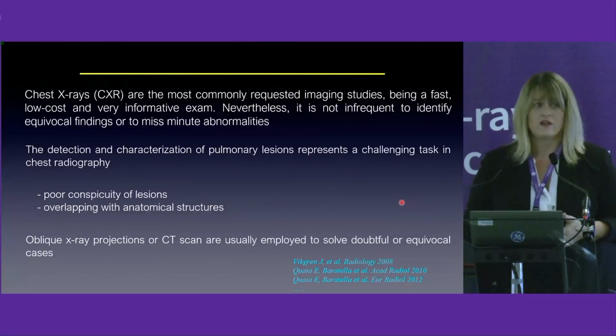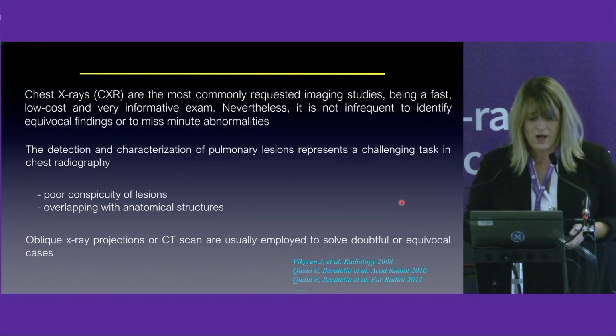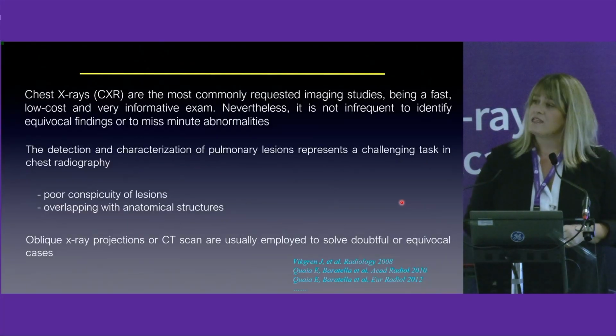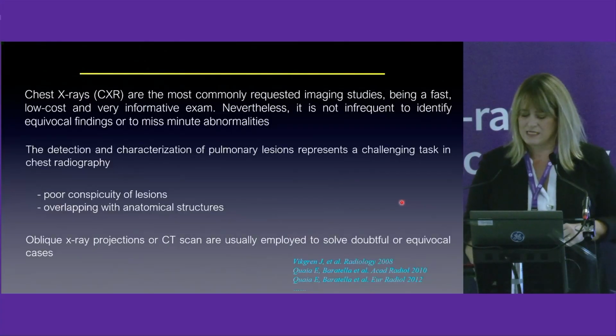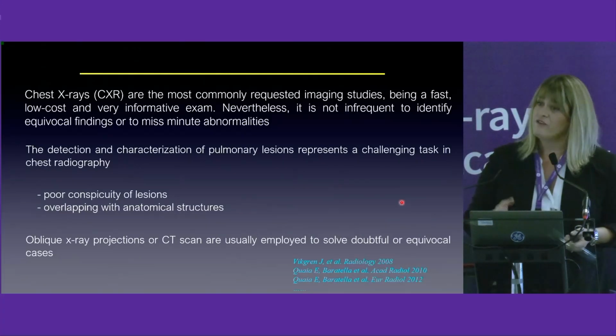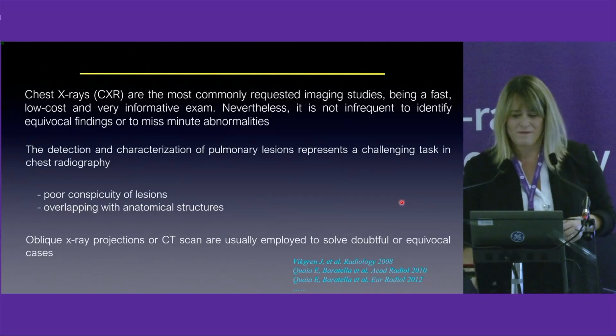However, sometimes we are not able to recognize diseases. And that's the reason why sometimes extra projections or a CT scan have to be done to solve doubtful or equivocal cases, because of the poor conspicuity of a lesion or because of overlapping, as Neria showed us before.